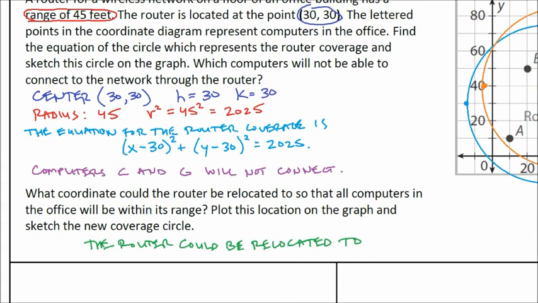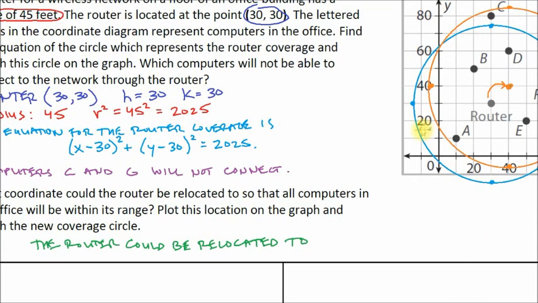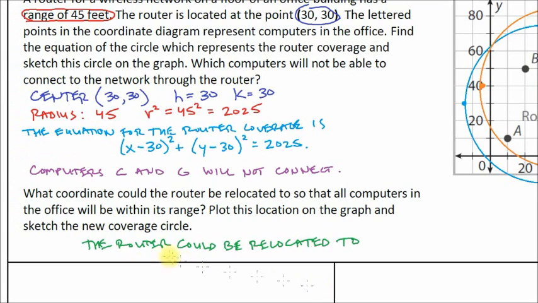If you take a look at this, the coordinate for the new router location is at 10, 20, 30, 40, 10, 20, 30, 40. So it's at (40, 40). You can go ahead and write that for yourself. The router could be relocated to (40, 40), and that will cover the entire office floor.